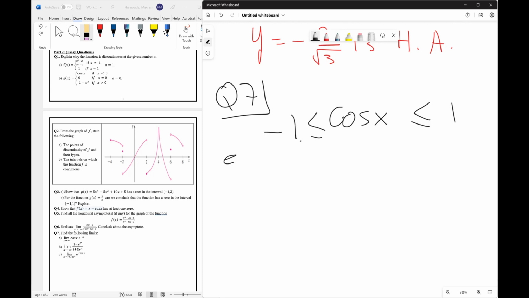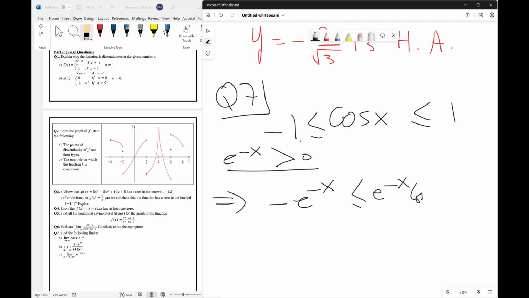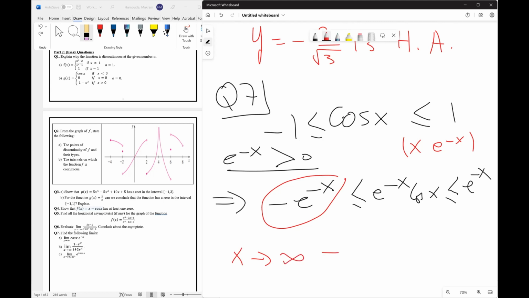Then I have that exponential minus x is all the time positive, this one. So I can multiply by exponential minus x, then it will give minus exponential minus x less than exponential minus x cosine x and less than exponential minus x. So I took this inequality and I multiplied by exponential minus x, which is positive. Remember, when x approaches plus infinity here, then exponential minus x will go to zero.